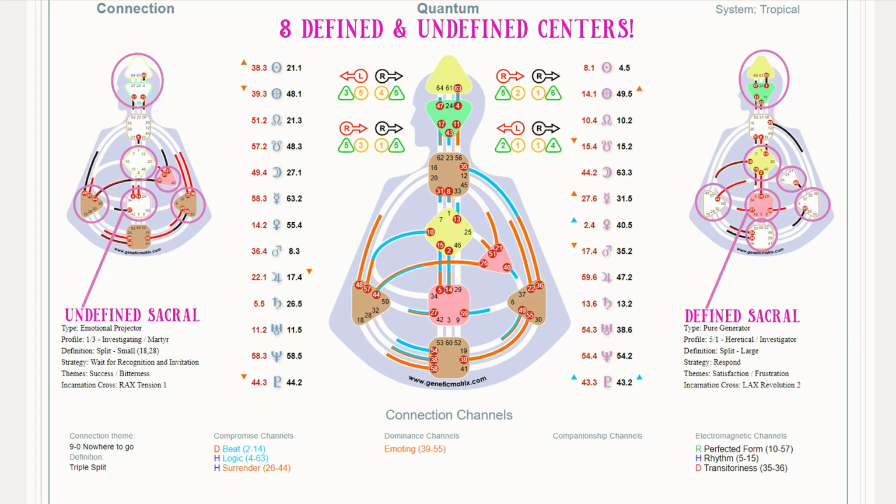So if one person has a defined sacral, another person has an undefined sacral, this is very attractive to both people. So it can be said that generators and manifesting generators tend to be very much pulled and drawn towards projectors and manifestors and reflectors, because there's a sacral difference there.